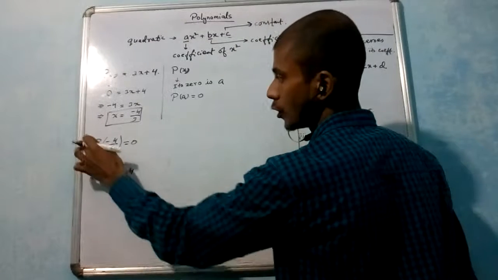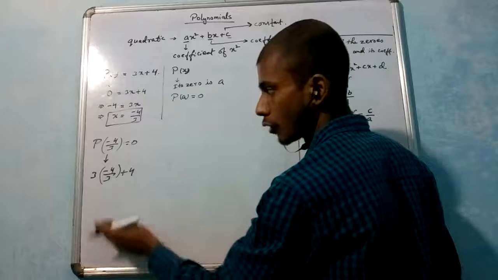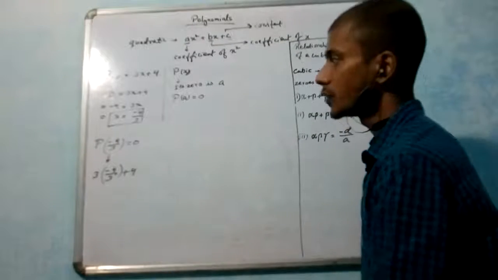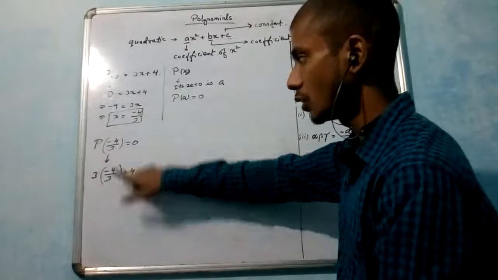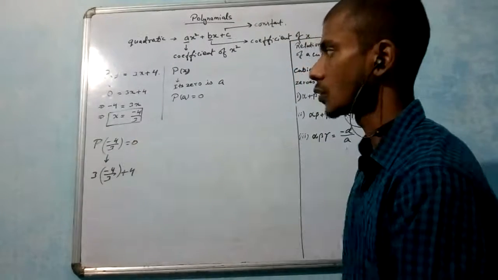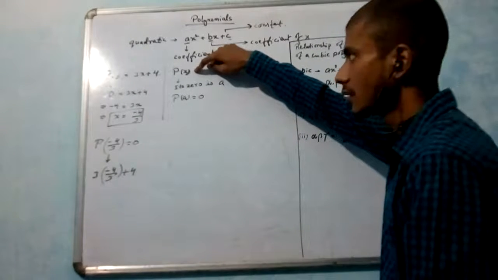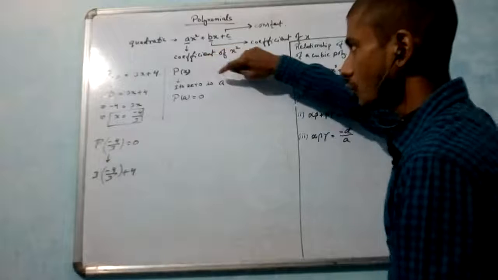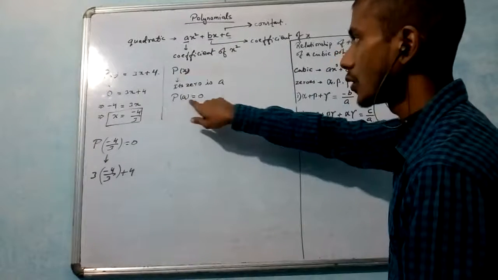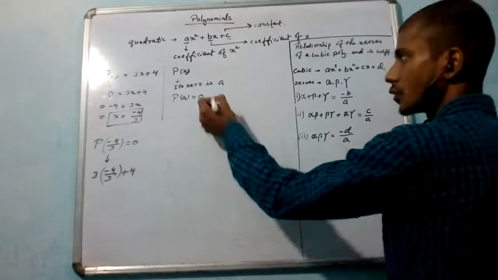Since we know that minus 4 by 3 is a zero, this complete value will be equal to 0. So what I was telling, if we have a polynomial p of x and one of the zeros is a, then p of a is equal to 0. This you understood?